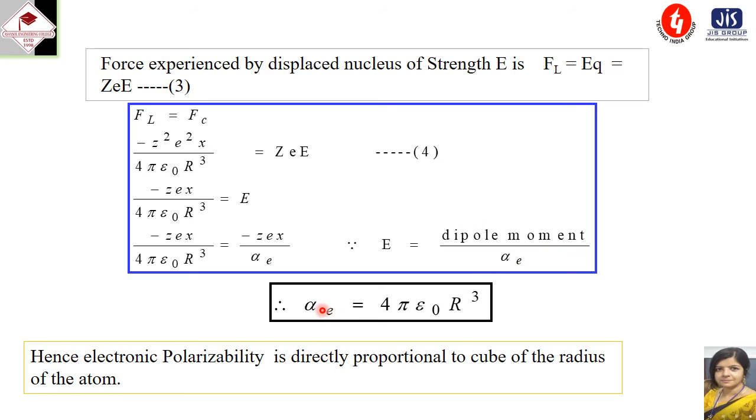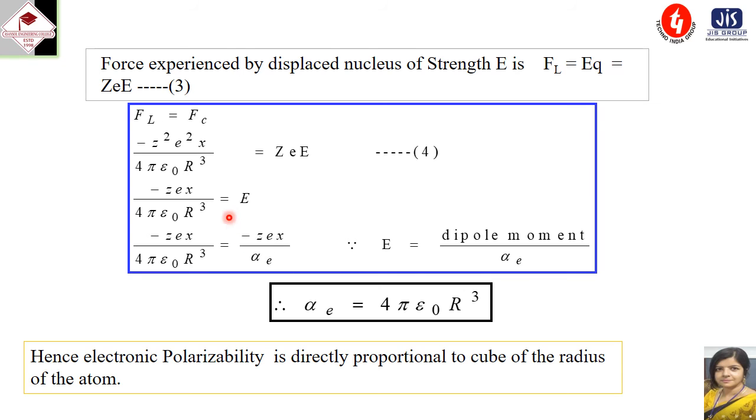So from here we can write that alpha E equal to 4 pi epsilon 0 r cube. So from here minus ZDX, x cancels, and the expression here is alpha E equal to 4 pi epsilon 0 r cube.